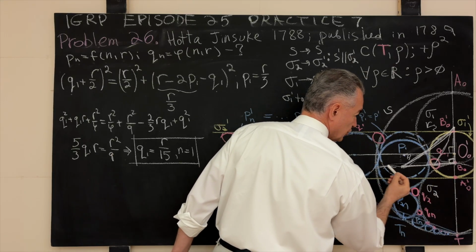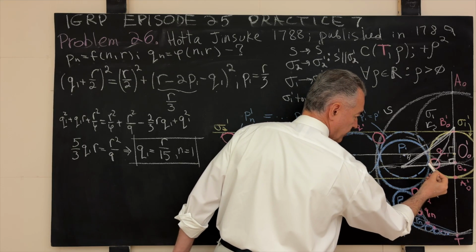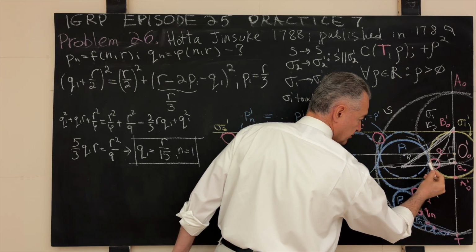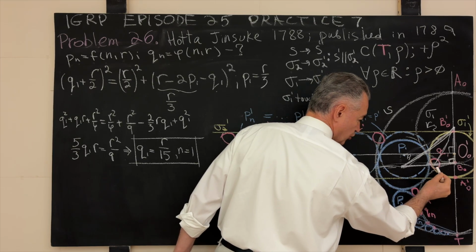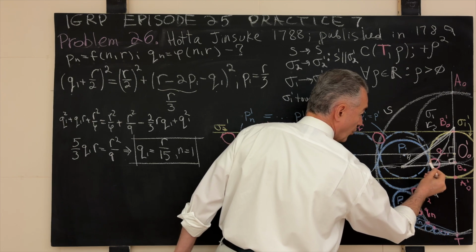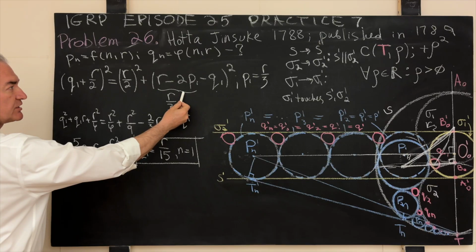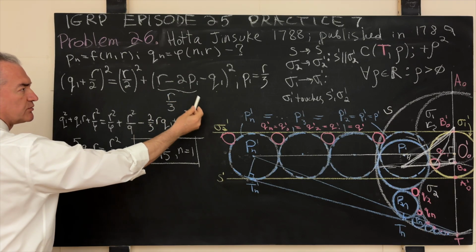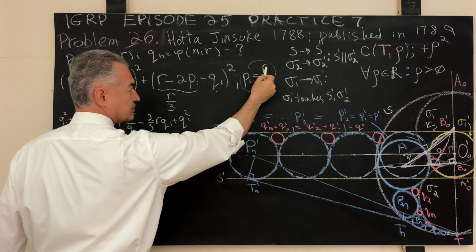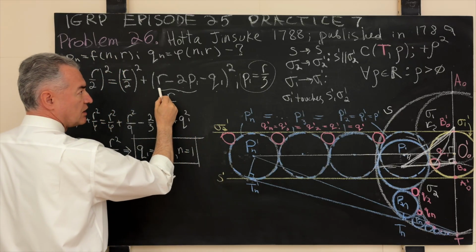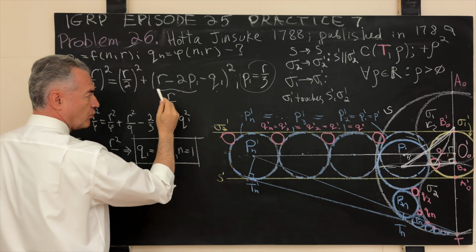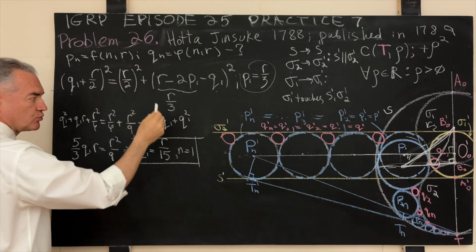Remember, we have twice the length of the radius P1, plus, because the red circle and the blue circles touch, we have one copy of Q1, and this is what we have right here, R minus 2P1. But P1 is known to us, it's R over 3, so this distance, R times 1 minus 2/3, comes out to 1/3.